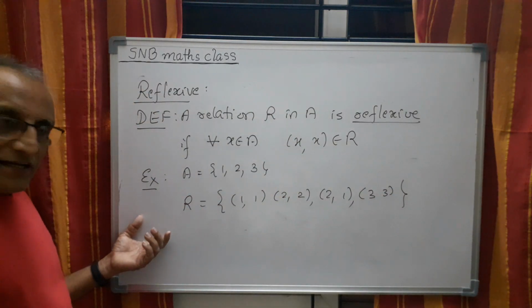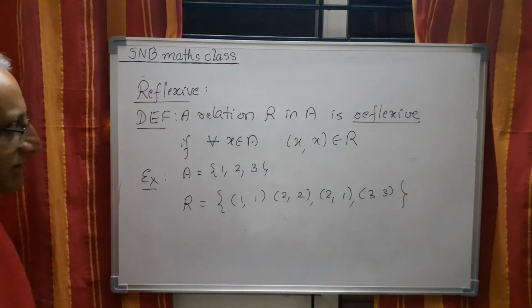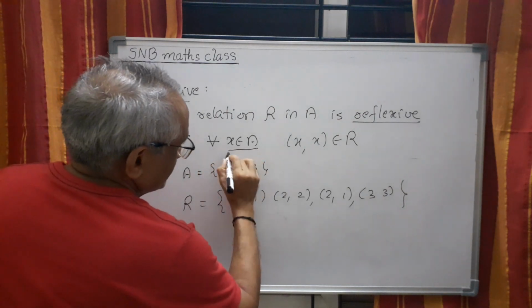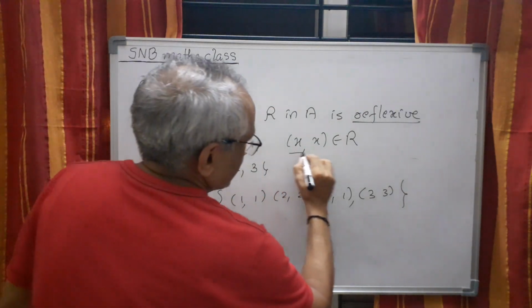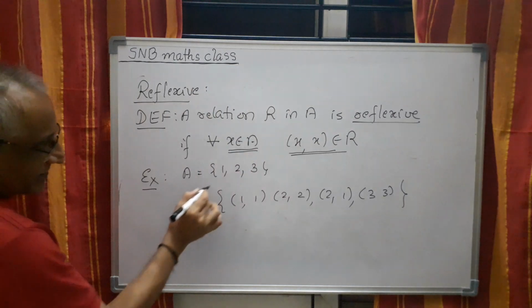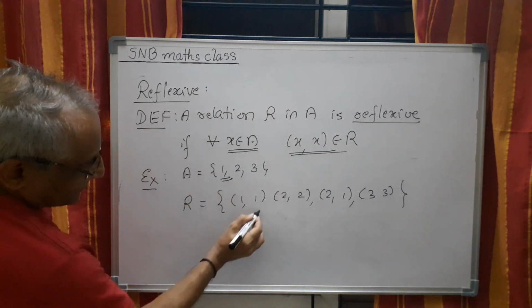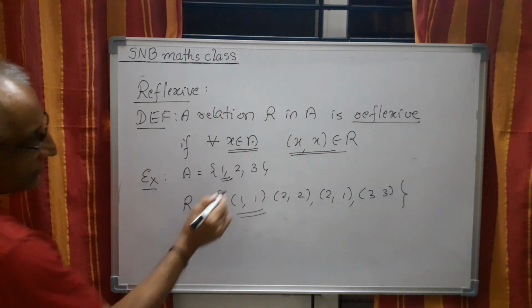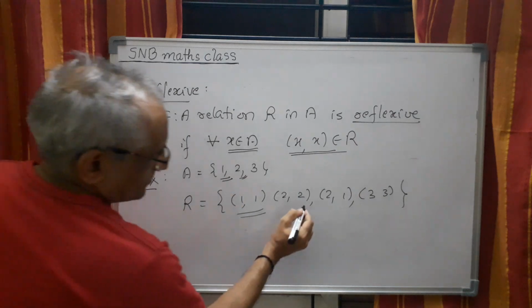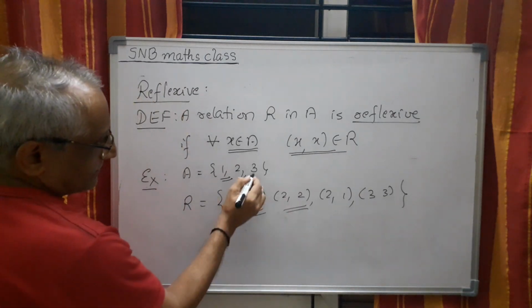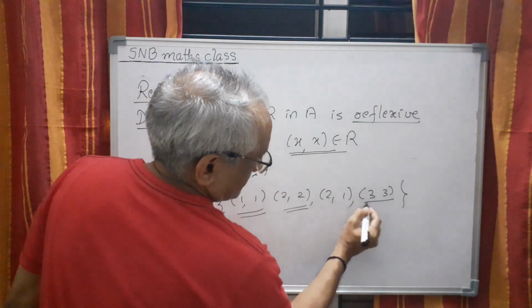This is reflexive because look at the definition. Whenever x is in A, (x, x) must be in R. So check. 1 is here, (1, 1) is here. 2 is here, (2, 2) is here. 3 is here, (3, 3) is here.